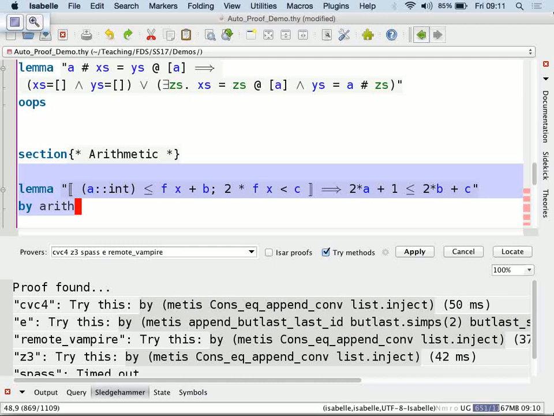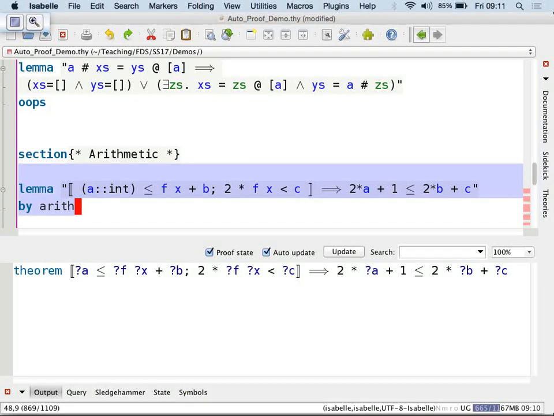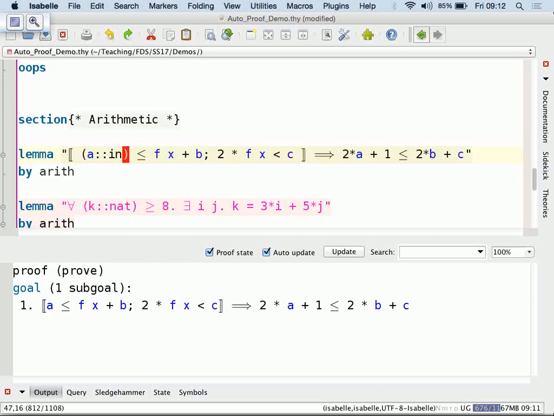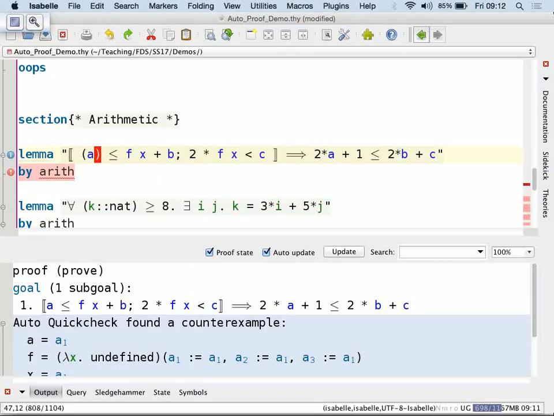So the first formula down here is just an example of a linear formula. Note that I added a type annotation and said that a is an integer. If I remove this, then it won't be provable anymore, because now the type that we're talking about is completely open.